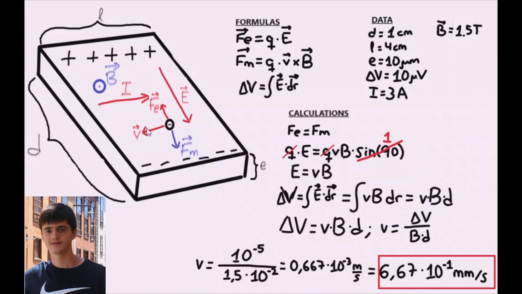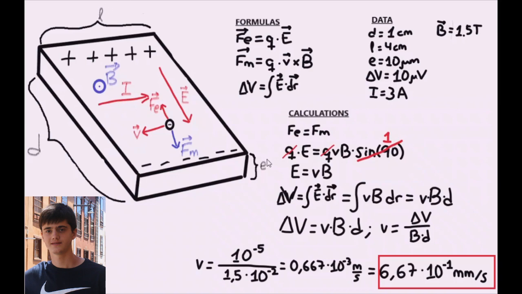If not, this electron would go this way if the magnetic force was bigger than the electric, or if opposite, it would go this way as it is attracted by the electric force. So here I've also added the data.